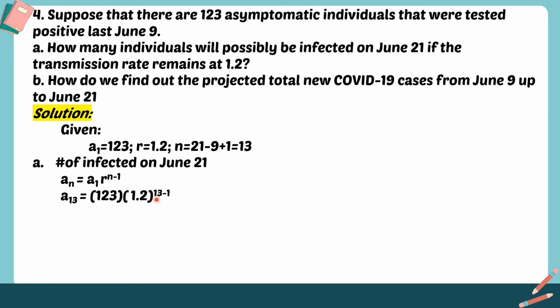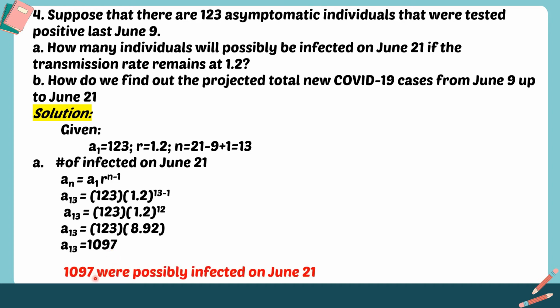And then, yung n natin na 13. Then, simplify 13 minus 1, that is equal to 12. Then, 1.2 raised to 12, that is equal to 8.92. And 8.92 times 123, that is equal to 1,097 approximately. So, ibig sabihin, 1,097 were possibly infected on June 21.